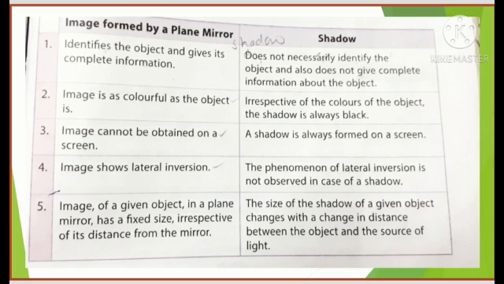But if you are forming a shadow, can your friend identify whether it is you or somebody else? No. So the first characteristic is images formed by the plane mirror give correct information about the object. But shadows do not necessarily identify the object and also do not give the complete information about the object.